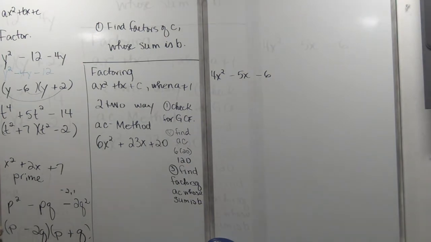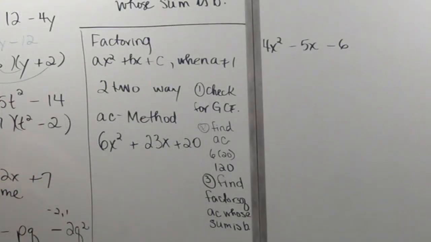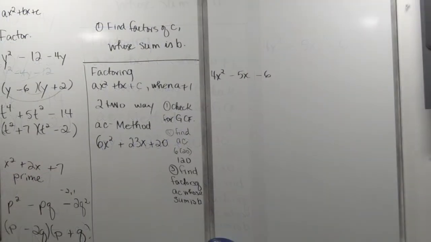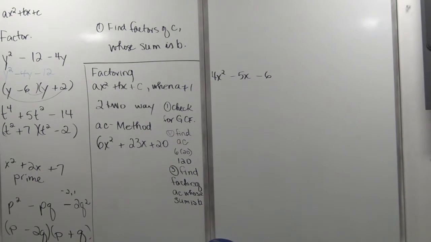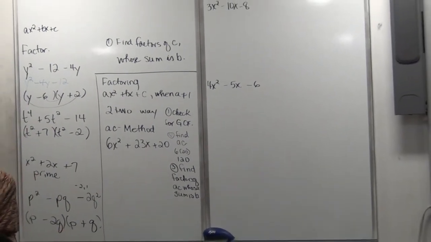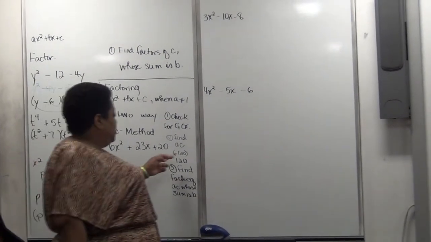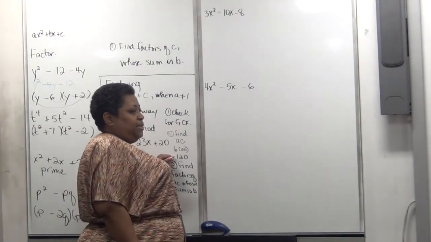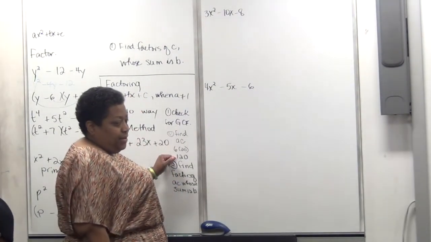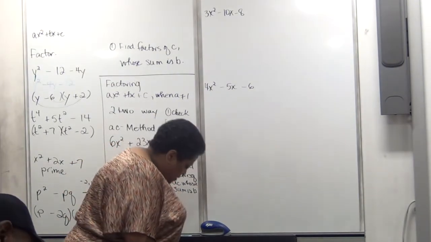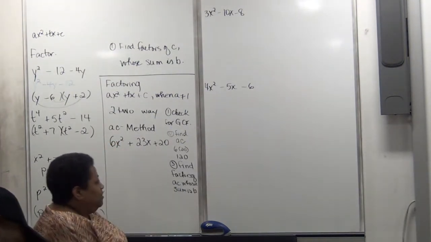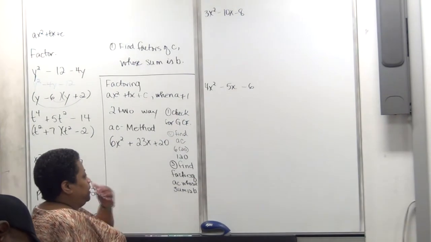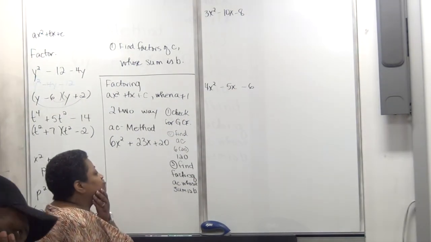So we need to find factors of 120 that add up to 23. We know that 6 and 20 are factors of 120. They don't add up to 23 though, do they? No. Give me some more numbers that multiply to 120.